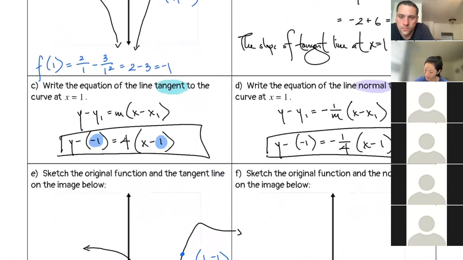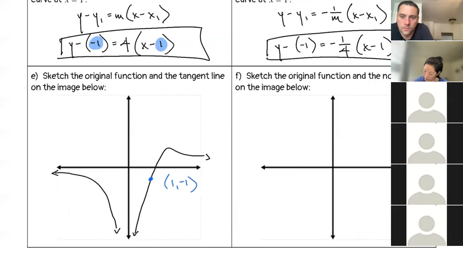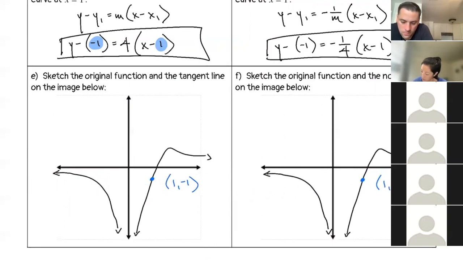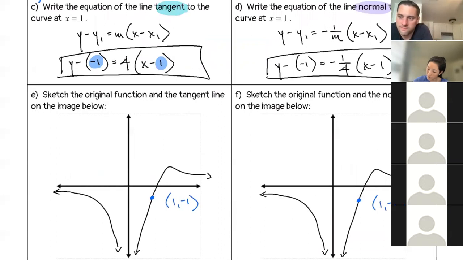All right, great. Definitely cheating over here with the technology, but we can use this to help us figure out our tangent line and our normal line picture, okay?